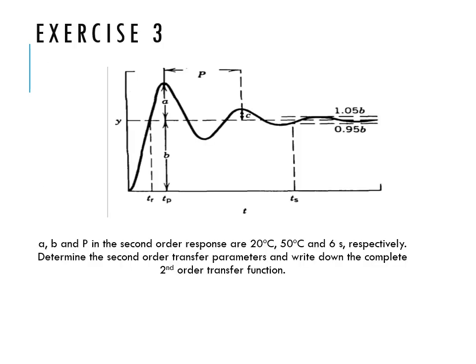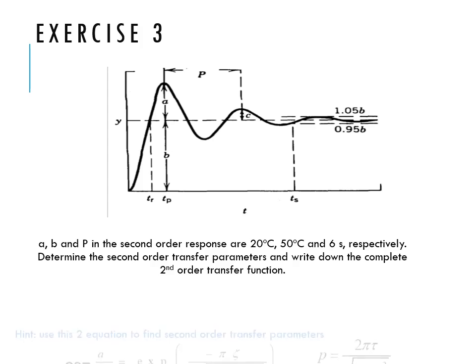So for exercise 3, A, B, and P in the second order response are 20 degrees C, 50 degrees C, and 6 seconds respectively. Determine the second order transfer parameters, which are tau and zeta, and write down the complete second order transfer function. So use the general second order transfer function to solve this.